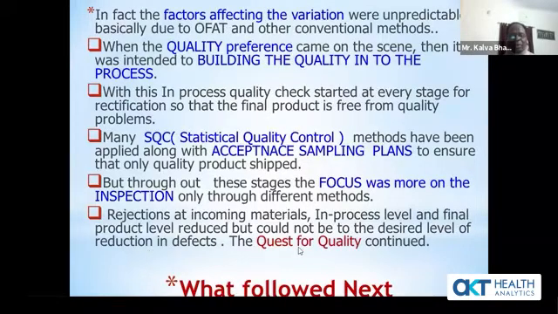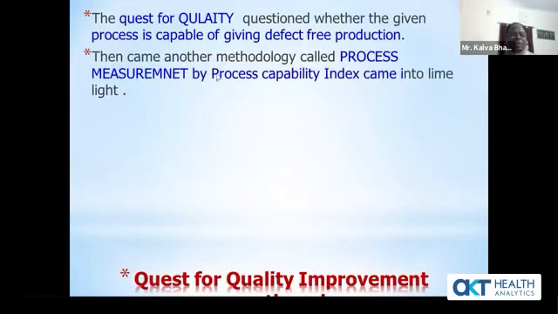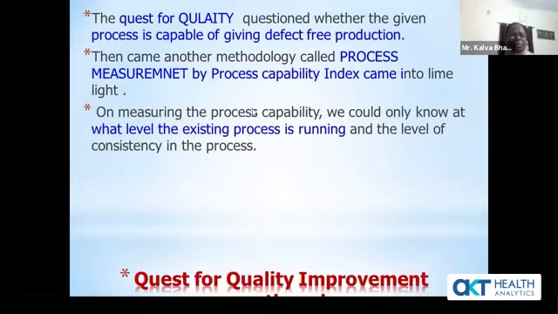The quest for quality continued. The quest was to question whether the given process is capable of giving a defect-free production. Then came another methodology called process measurement, and process capability index came into the limelight. On measuring the process capability, we could only know at what level the existing process is running and the level of consistency in the process.